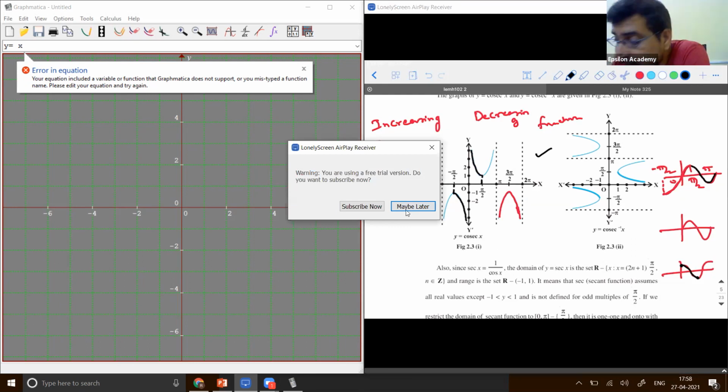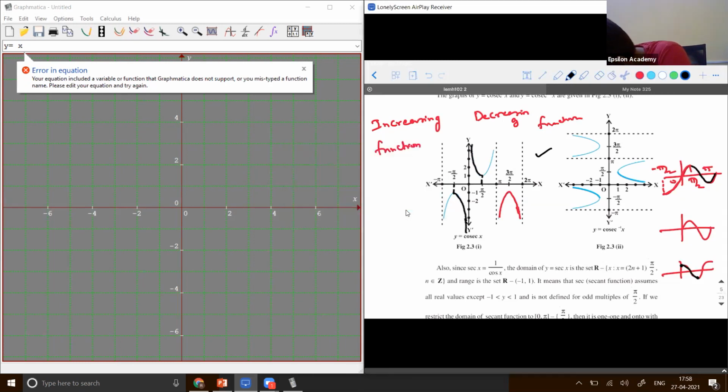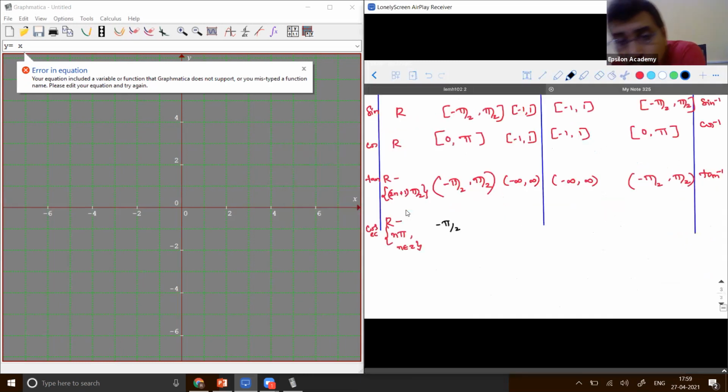So what will be the restricted domain here? You can choose any value between minus pi by 2 to pi by 2, closed, except 0. So what will be my range?